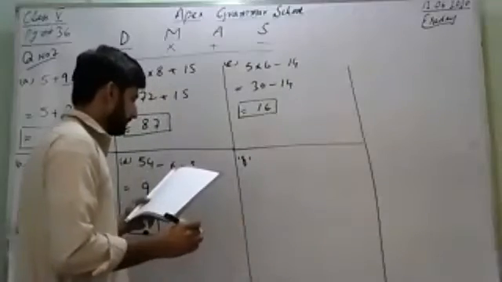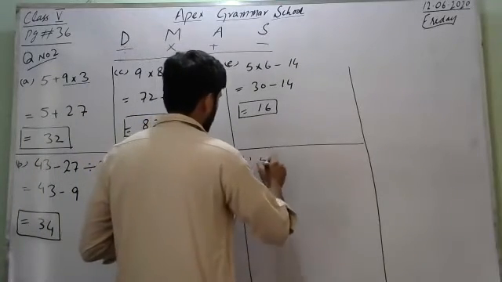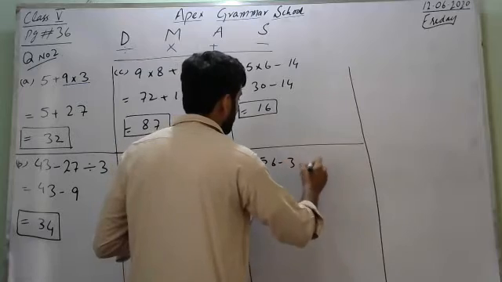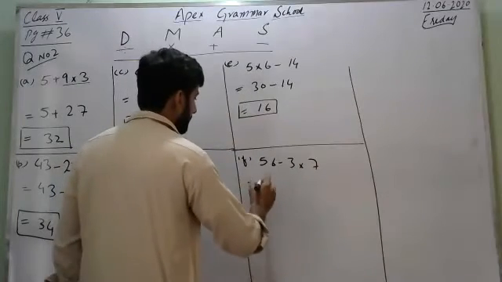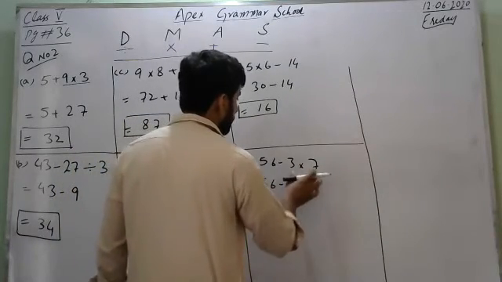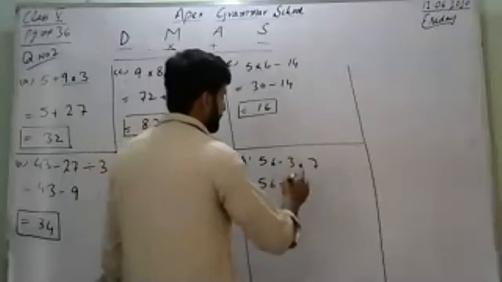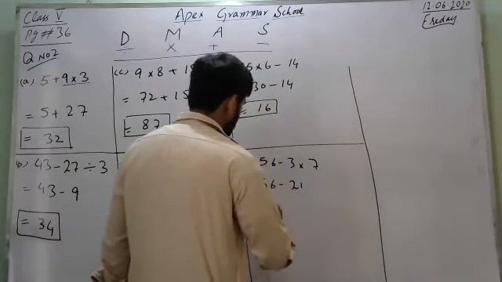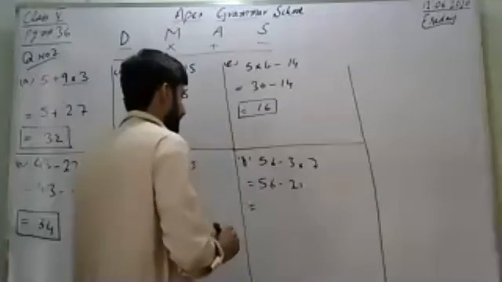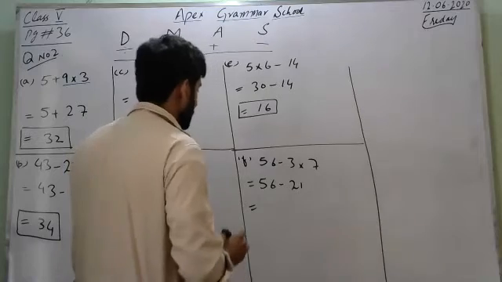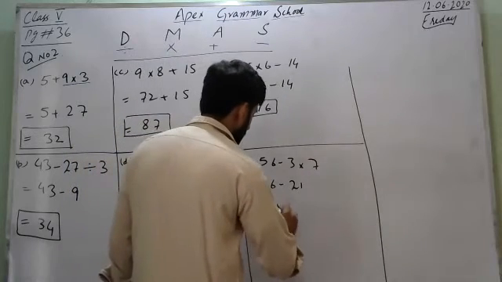F part is 56 minus 3 multiplied by 7. 56 as it is because we have to do multiplication first. 3 times 7 is 21. Now 56 minus 21, answer is 35.